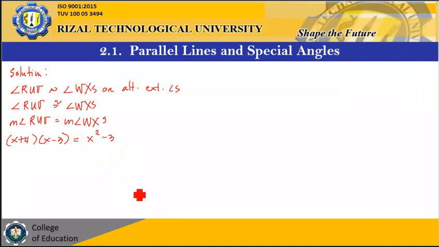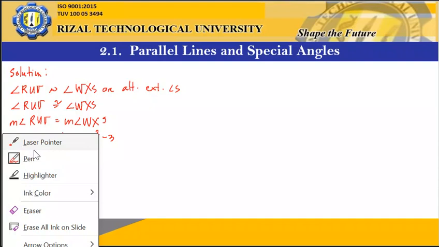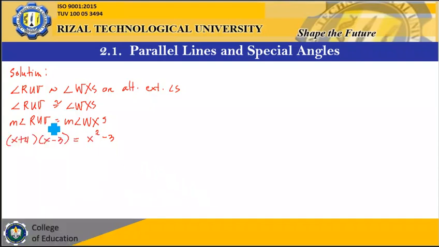Okay? So using the FOIL method, you can multiply x by x, x by 3, 4 by x, and 4 by 3.